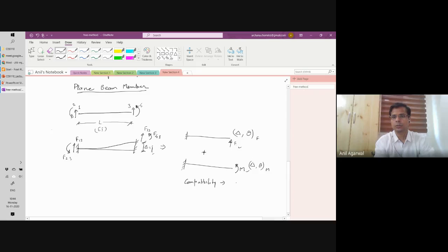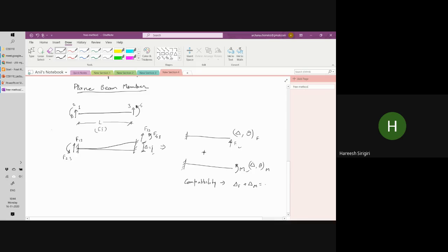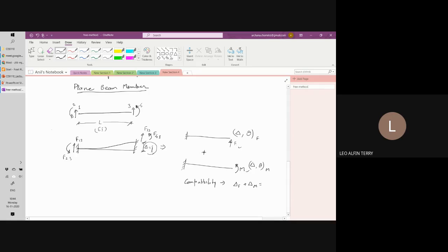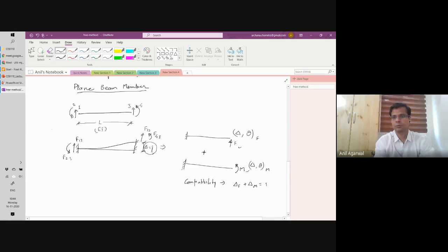So we should make sure that delta F plus delta M is equal to how much? 1, yes, you want to produce a unit deformation there, right?